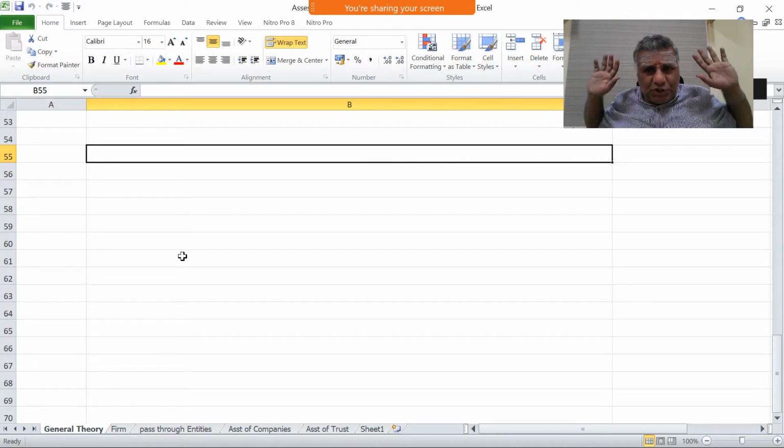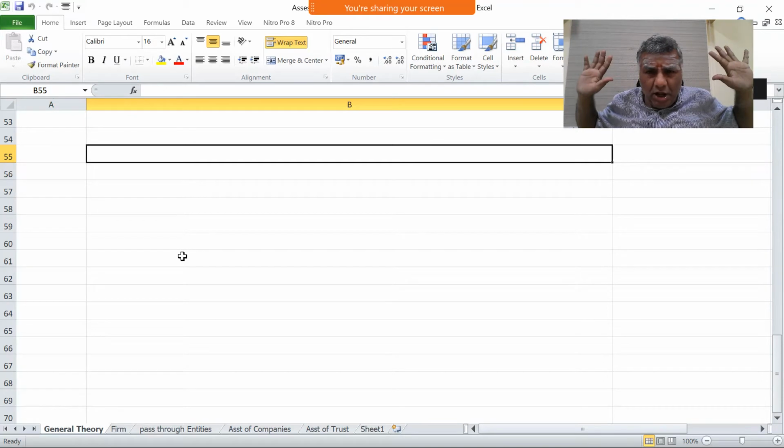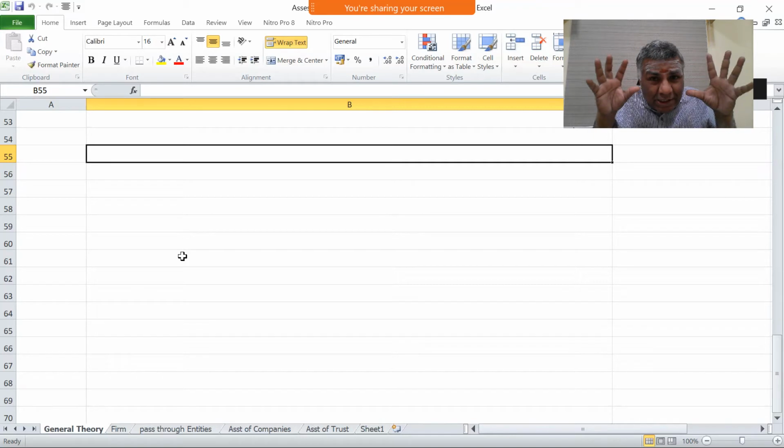The assessee's job is over by filing the return. From here on, the assessee will be more like a responding party than an initiator. He will only be responding.